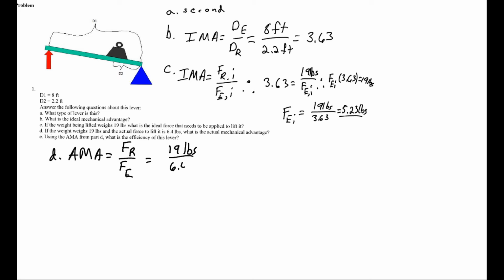And then 6.4 pounds. And what's our AMA? 2.97. And now, last thing, we're going to calculate the efficiency.